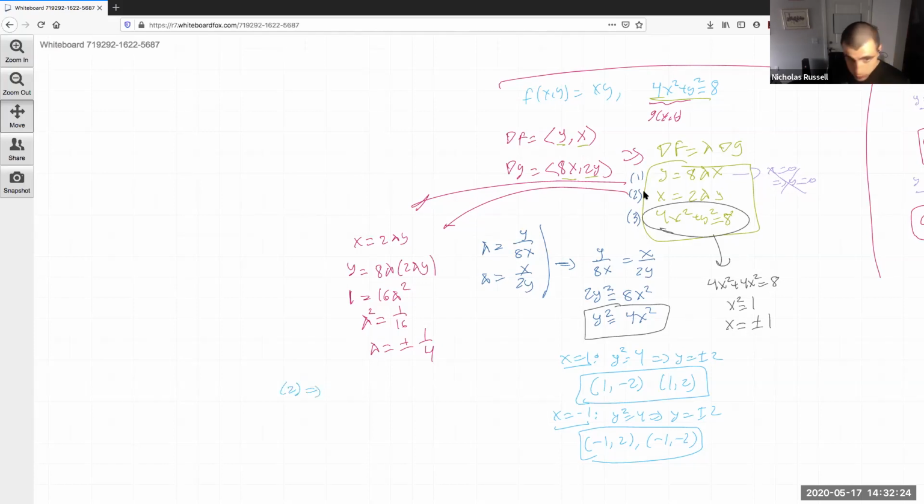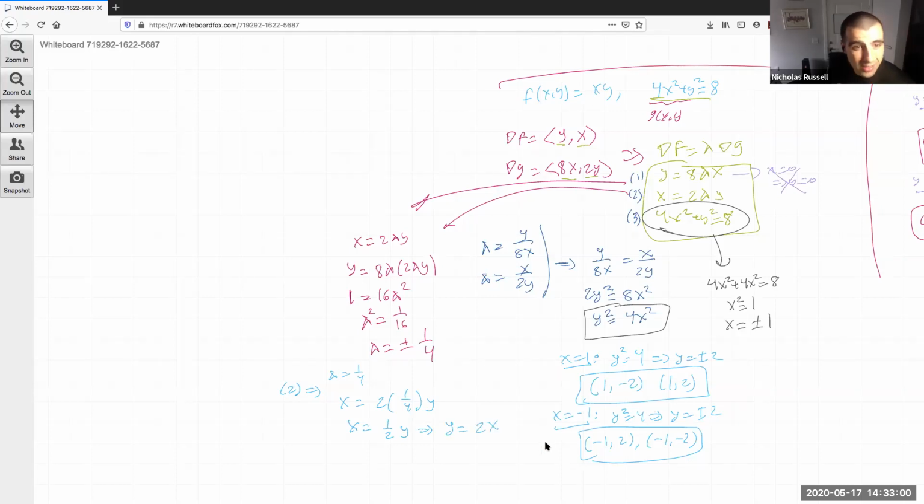If I use lambda equal to 1/4 first, that would give me x is equal to 2 times 1/4 times y. Which would give me x is equal to 1/2 times y. Or maybe I could just write this more succinctly as y is equal to 2x.